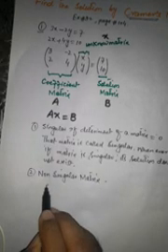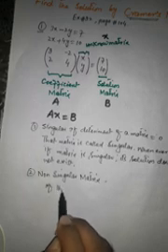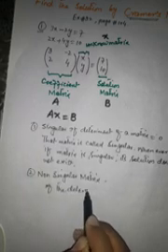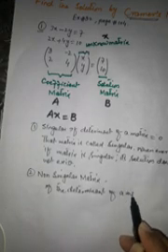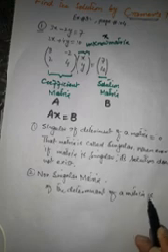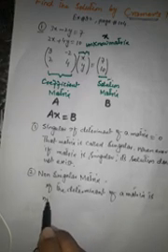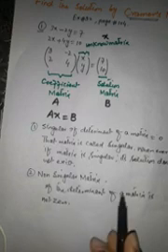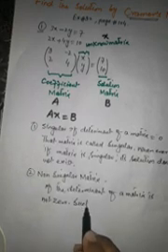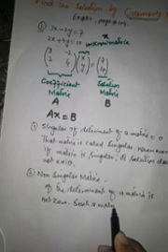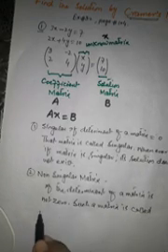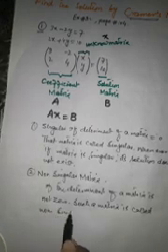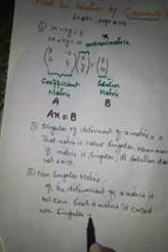If the determinant of a matrix is not 0, such a matrix is called a non-singular matrix.